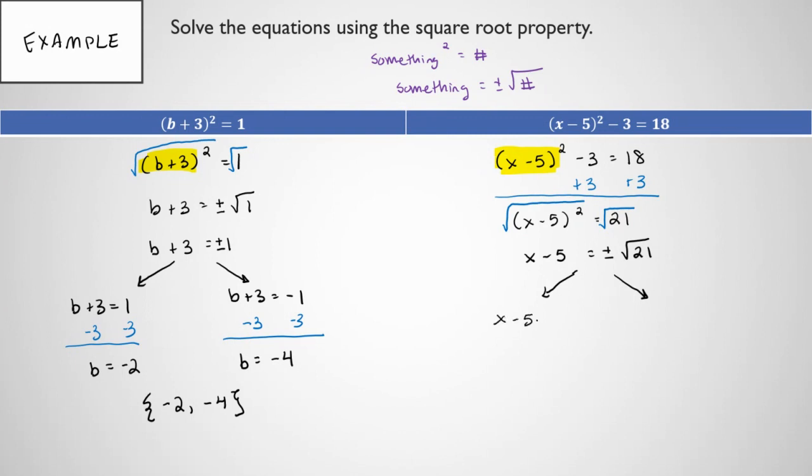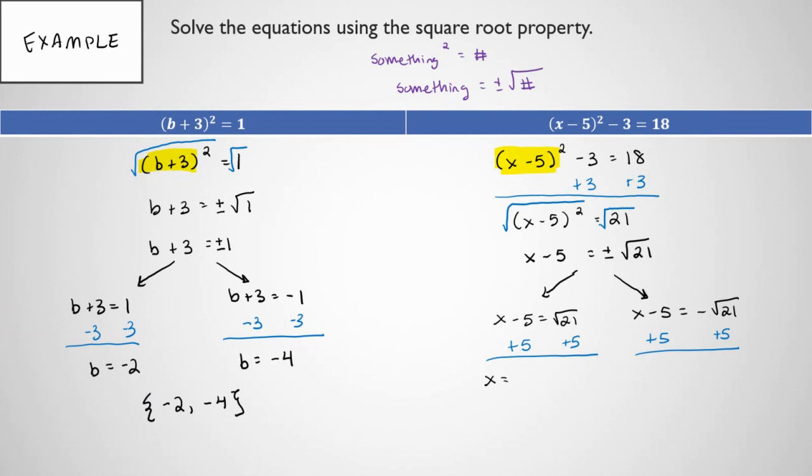So we have x minus 5 equals the square root of 21, and x minus 5 equals negative square root of 21. We're solving for x, so we're going to add 5 to both sides. And now 5 is not like terms with a square root, so we can't write those together.